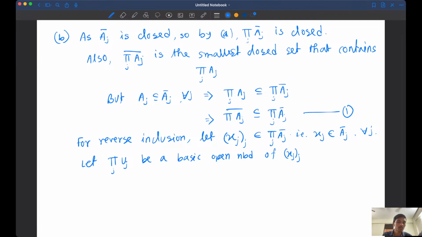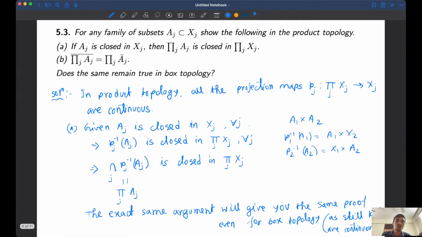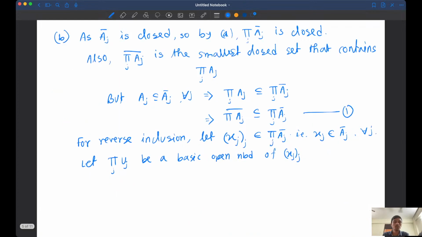When I'm saying this is a basic open neighborhood in the product topology, it means that except for finitely many uj, all others uj should be equal to Xj, right? Because the subbasic open set will be the inverse image of pj where aj is open, so uj is open. So except for finitely many uj, all others are equal to the whole set Xj. But in the box topology, this uj can be any open set in Xj, right? But that actually will not change the proof anyway, so just fix a basic open neighborhood.